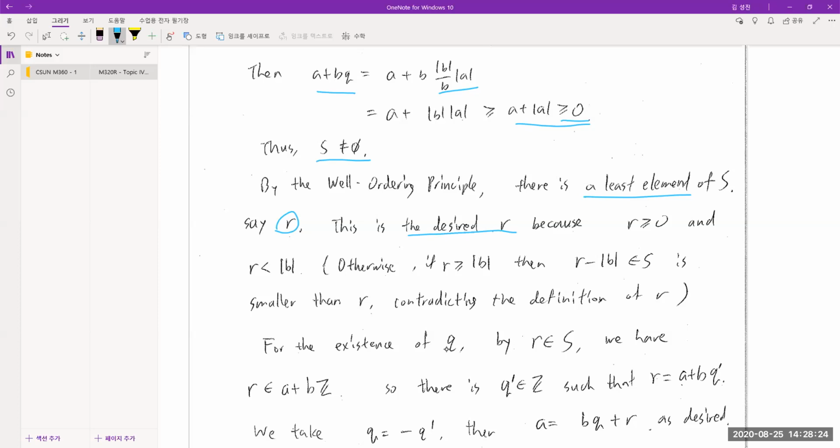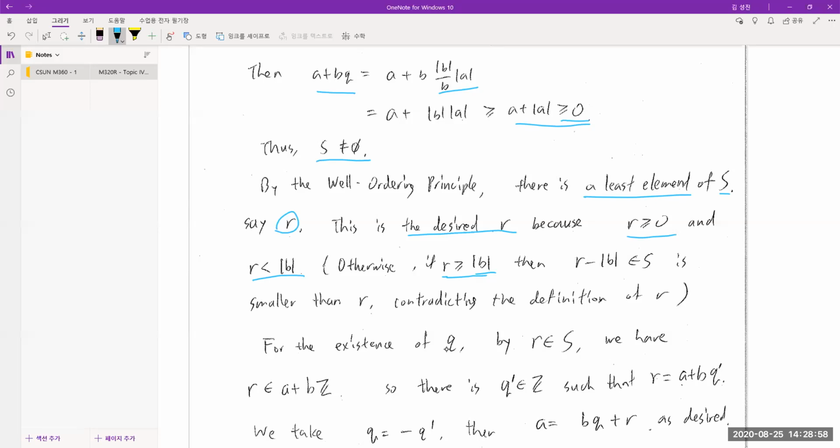So we have that R is a non-negative integer since it has to be an element of S. And also R must be less than absolute value of B. So we'll prove this by proof by contradiction. If we assume that R is greater than or equal to absolute value of B, then let's see what happens. Then R minus the absolute value of B is an element of S because it is a non-negative integer by this inequality.